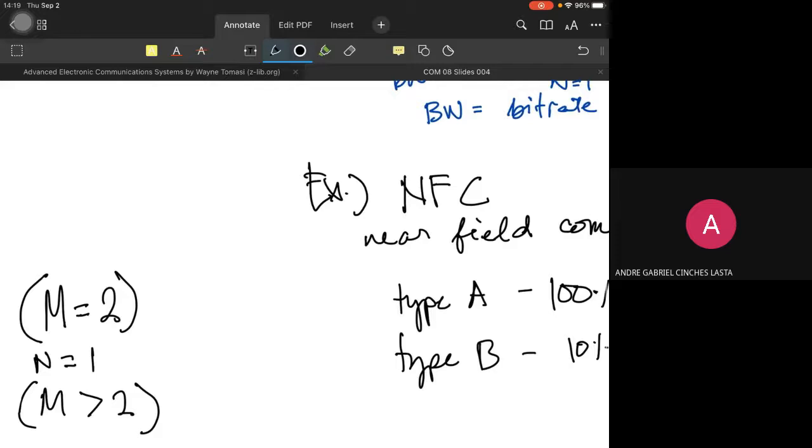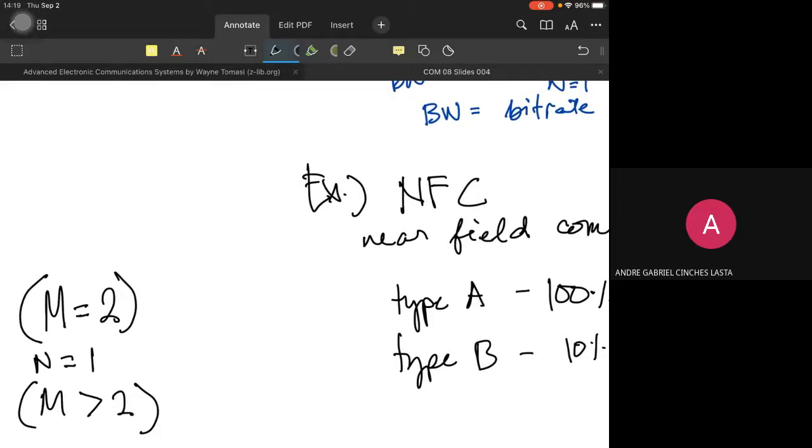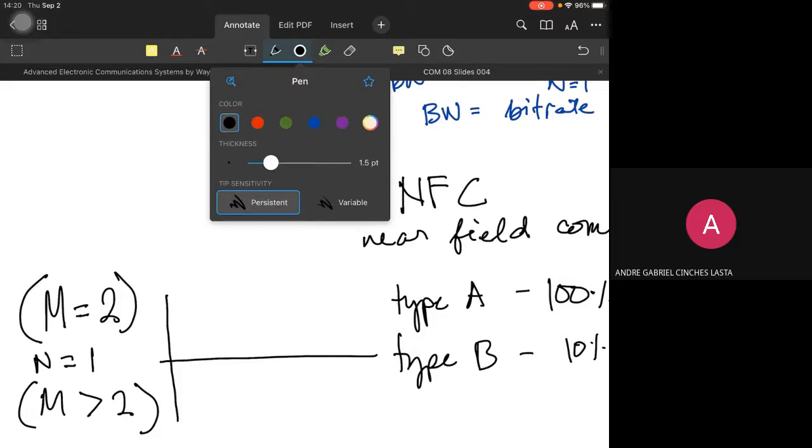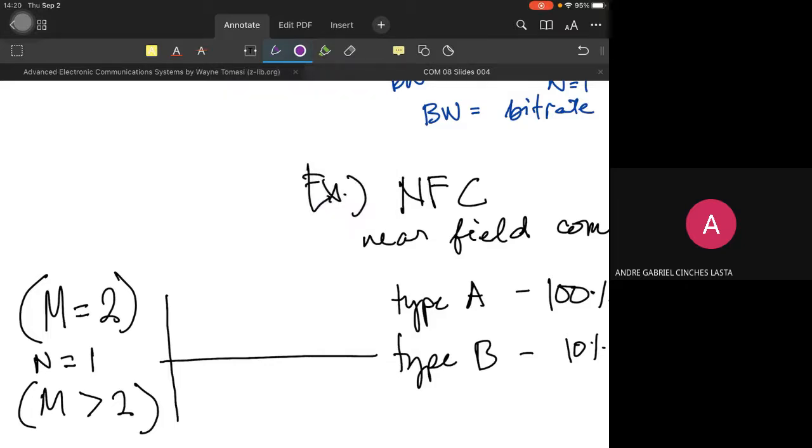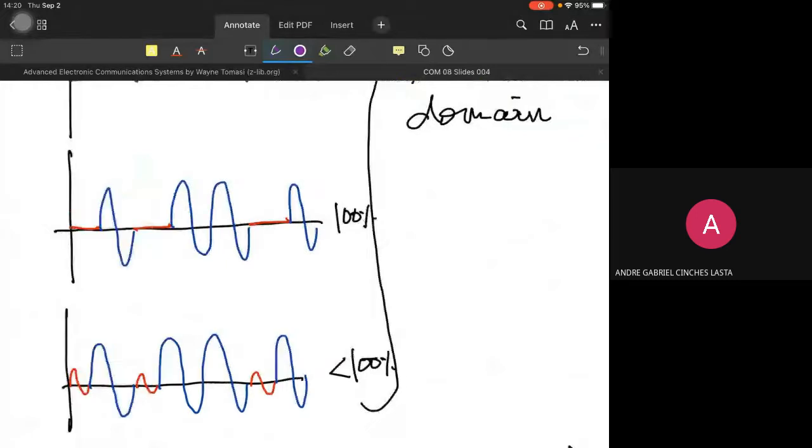Before I close ASK, although it is not commonly used because there are more efficient systems, like M-ary QAMs and M-ary PSKs, there is still M-ary ASK. In binary ASK there are only 2 voltage levels, on or off.